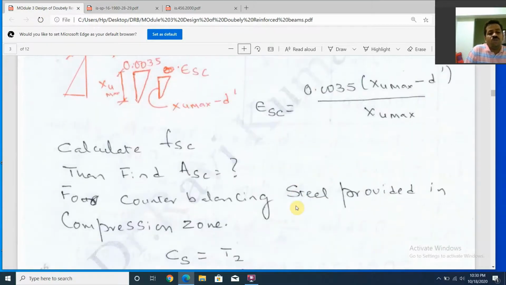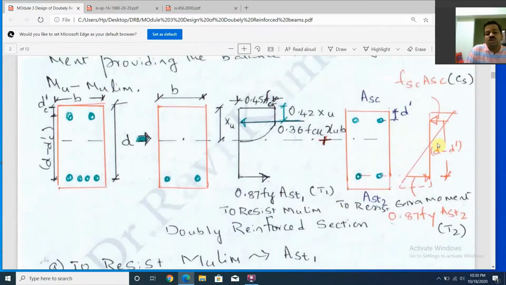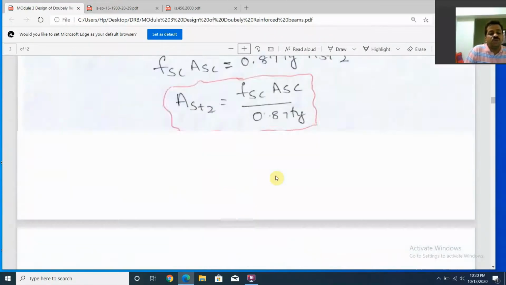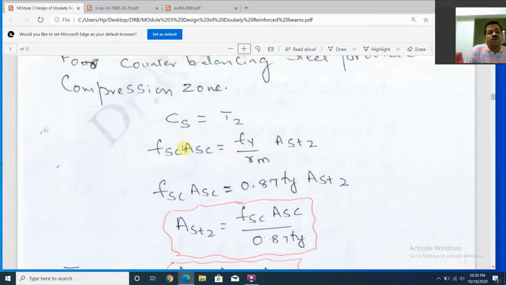For counterbalancing the steel provided in the compression zone, we say CS is equal to T2. So CS is equal to T2 here. FSC ASC is equal to 0.87 fy by gamma m times AST2. Gamma m is nothing but 1.15.